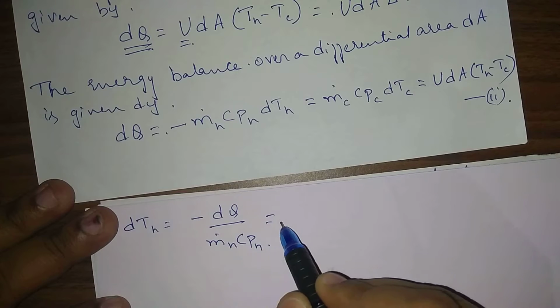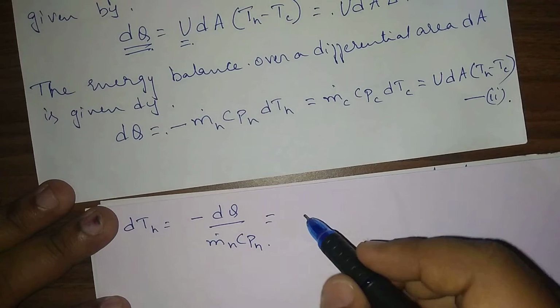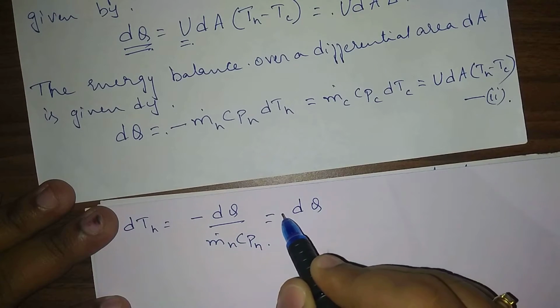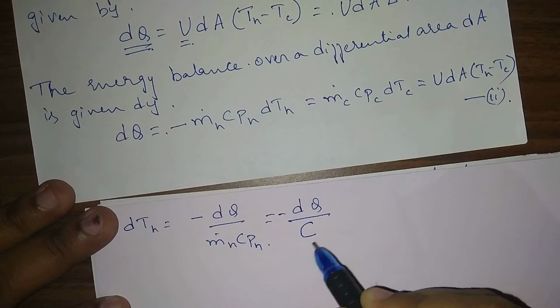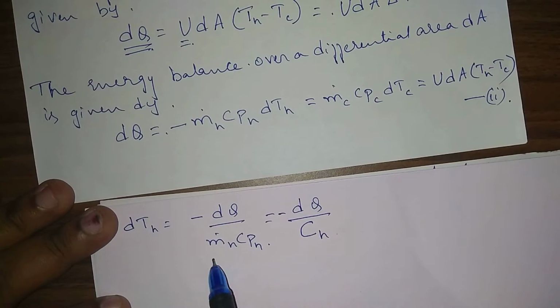This m dot h into Cph can be written as heat capacity, which I will denote as capital Ch. So this capital C denotes m dot h into Cph. Please be aware of that.